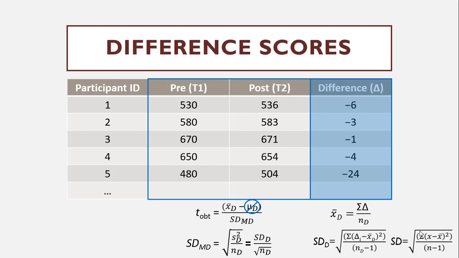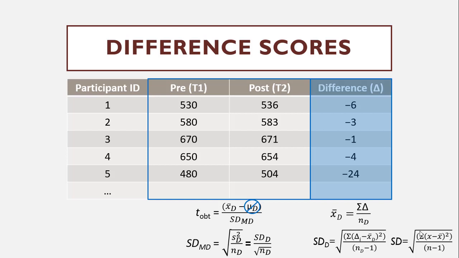Well, whatever the change is with the medication being present, we could use that change as mu d, and then with the new treatment, the change would fall in for x bar d, the average difference for the sample.